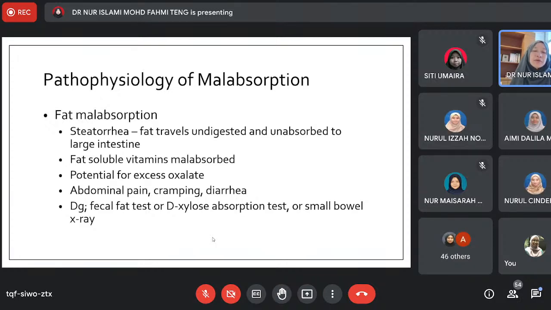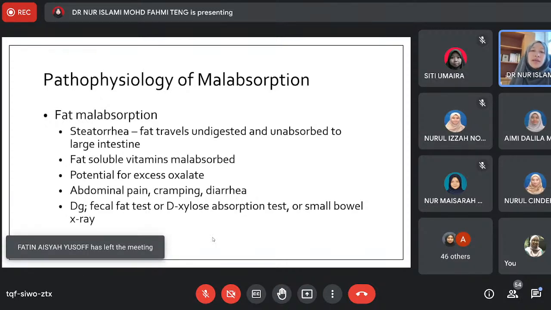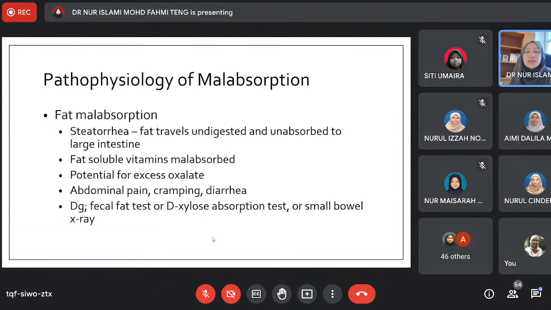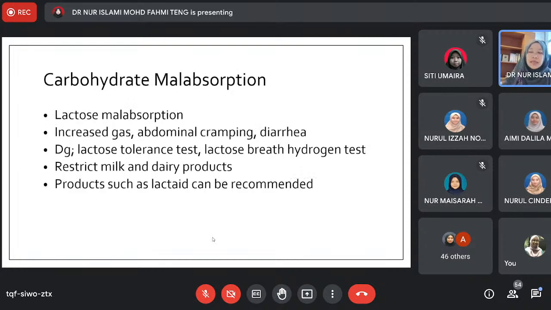Usually we can see that the person has fat malabsorption, with steatorrhea and presence of symptoms as well. And then carbohydrate malabsorption, usually it is lactose malabsorption. The symptoms include increased gas, abdominal cramping, and also diarrhea. The tests include the lactose tolerance test and the lactose breath hydrogen test.